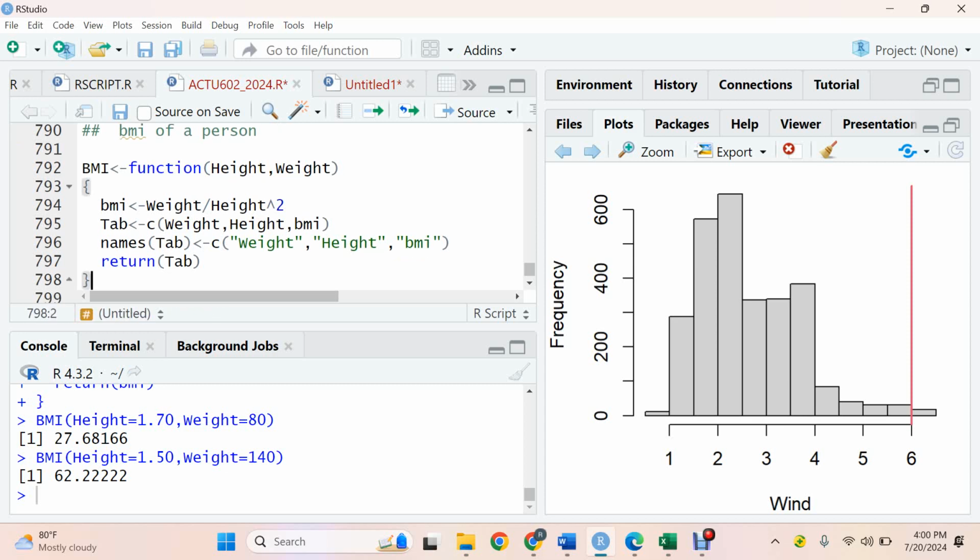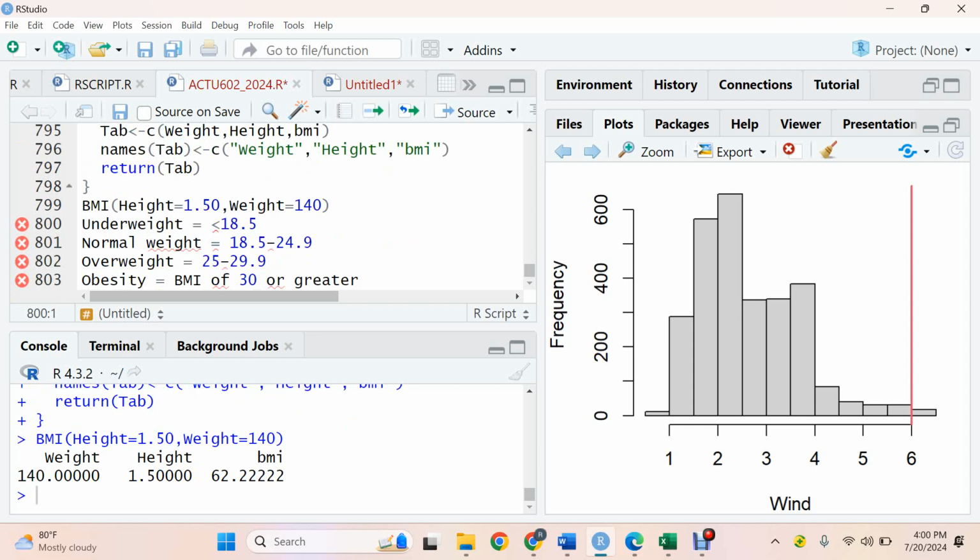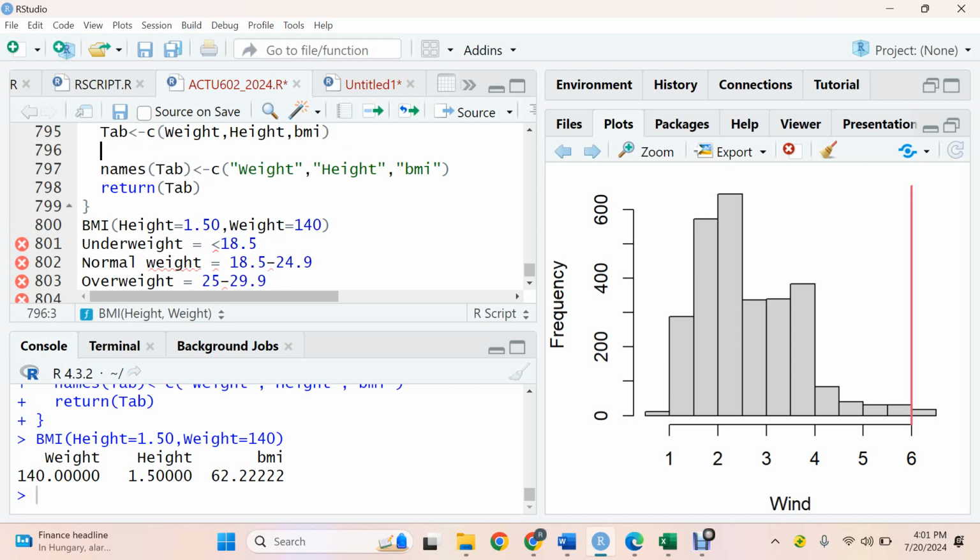Okay, so now I can rerun it. I do the same thing. You see, the weight is this, height is that one. You can even go back and round this one to, let's say, 2 decimal places.